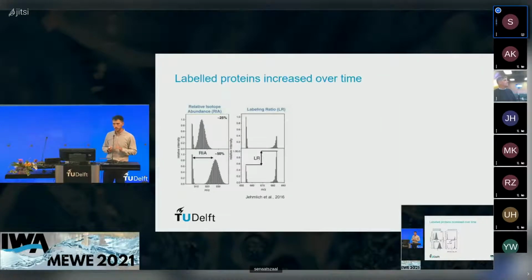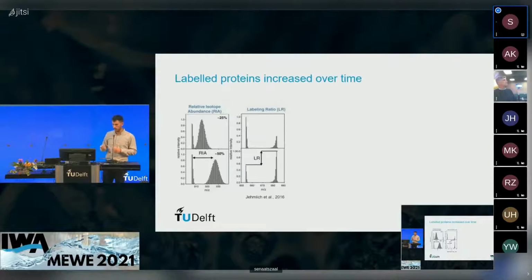As I said, I focus on the proteins in this presentation. When we analyze them through MS, we get two main types of data. One is the relative isotope abundance, the shift that we see in the MS profile, which indicates that it's incorporating a label. The other is the labeling ratio, the 13C over the total protein that we can quantify, which increases over time.